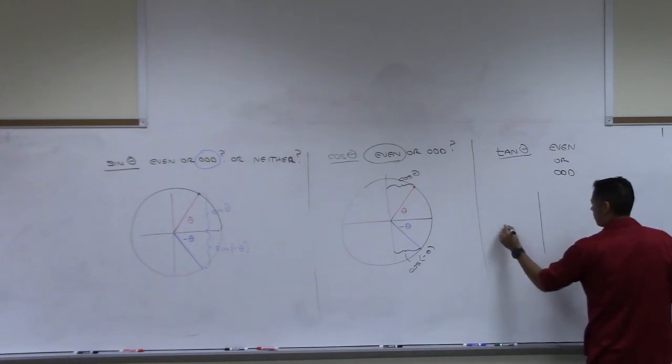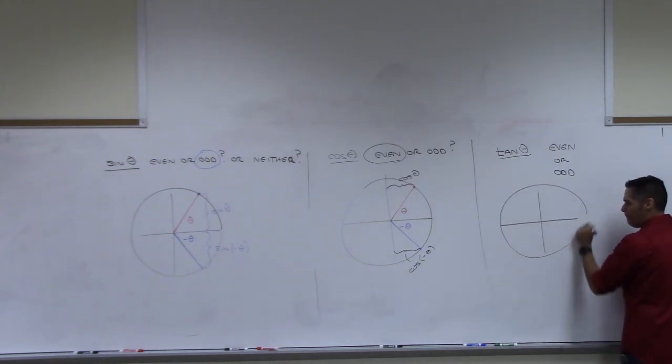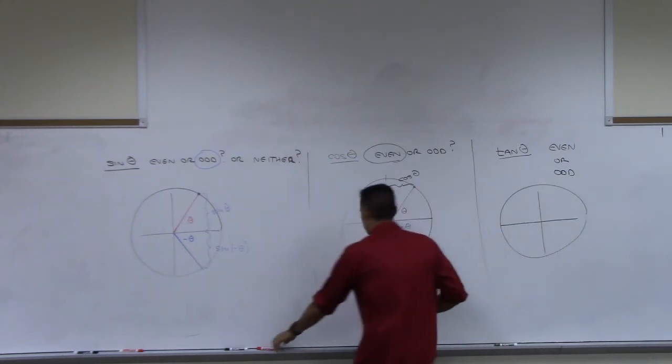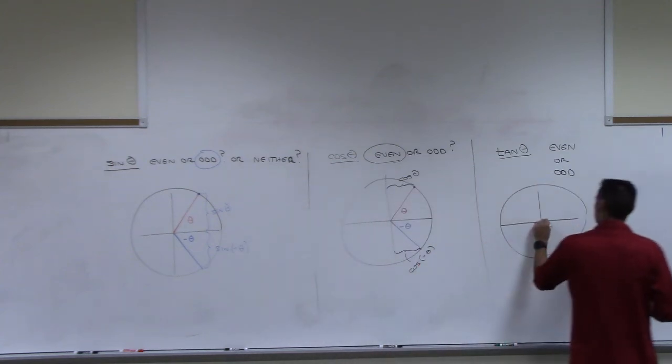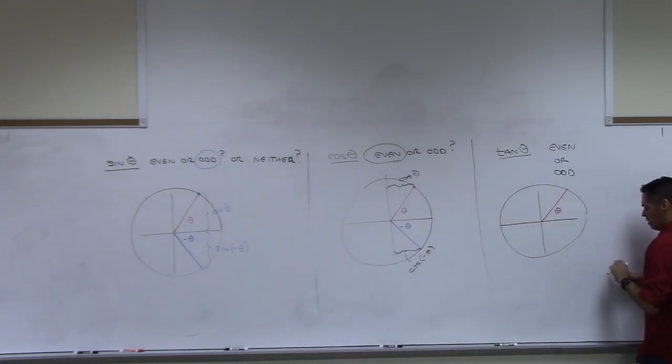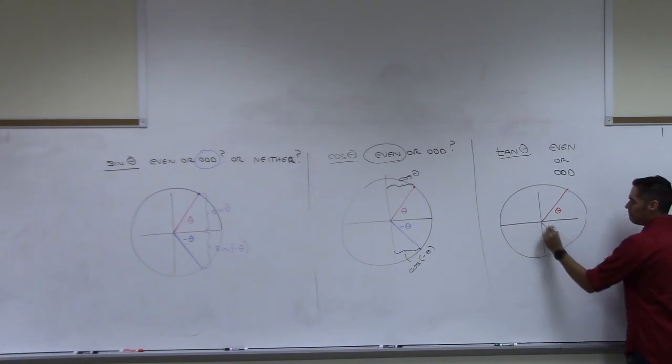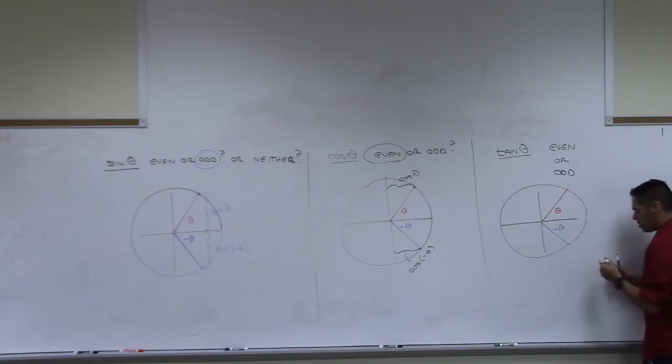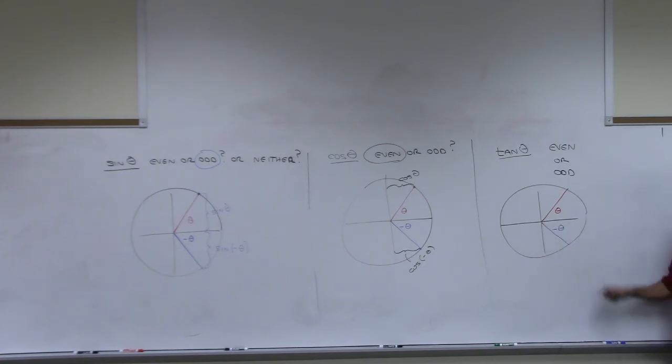I've never done this one with a picture. If this is theta, and this is negative theta, our question is: is tangent going to give us the same answer on both of these, or are they going to be the same but opposite in sign? So let's see.